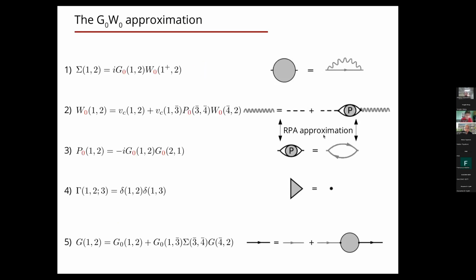So what is usually done next is also not to compute all these equations self-consistently, and this will give us the G0W0 approximation, but just compute them once. So use for the self-energy the Kohn-Sham Green function and the screening computed again with the Kohn-Sham Green function.